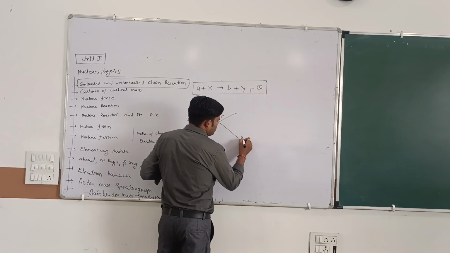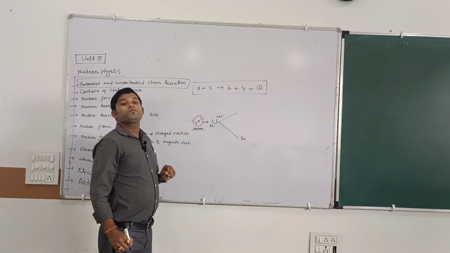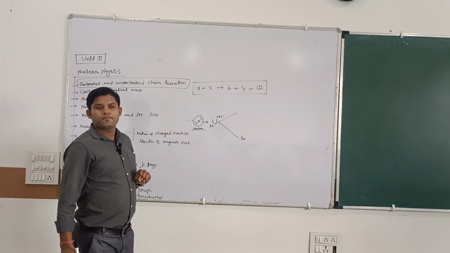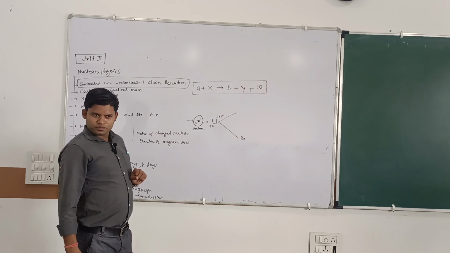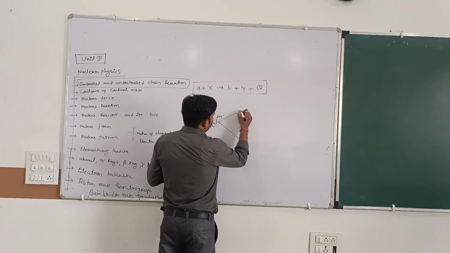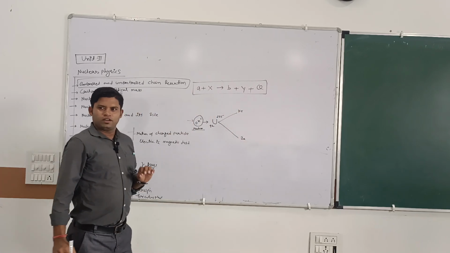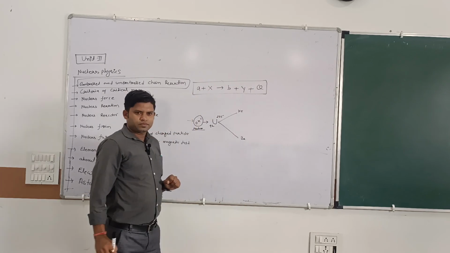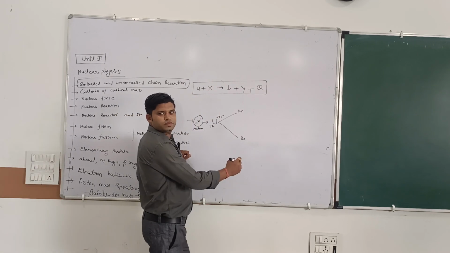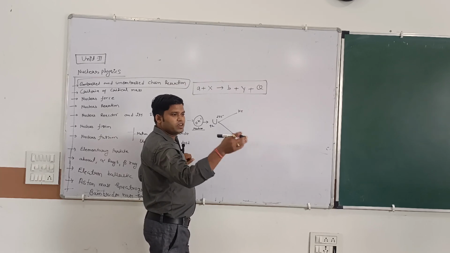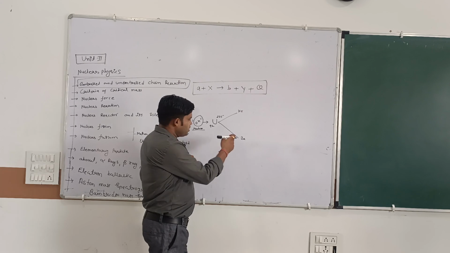First is Ba. What is it? Barium or boron? Barium. Done. And Kr is krypton. What is the atomic number of barium? Anyone? I first say you already studied this in your 12th class. This is 11th class.